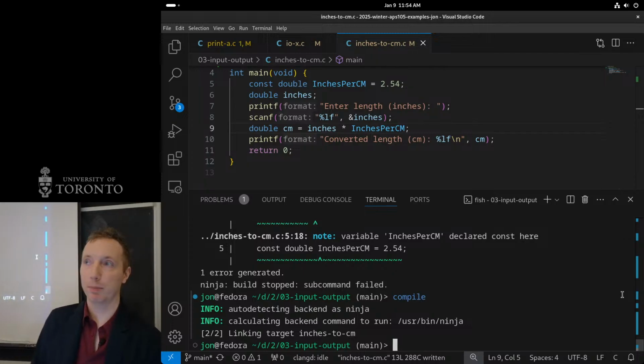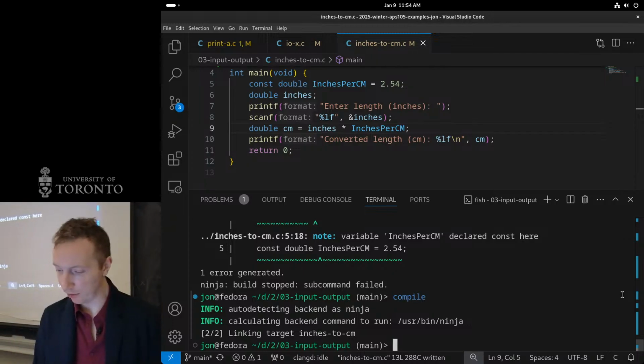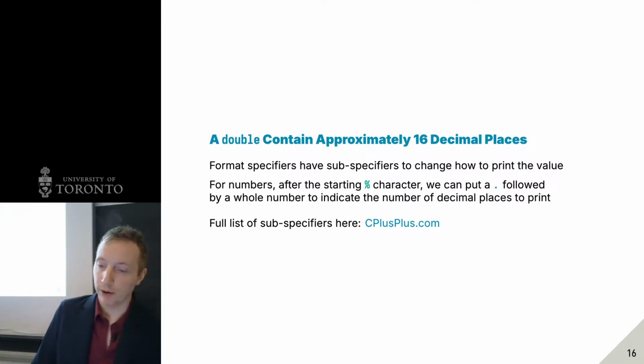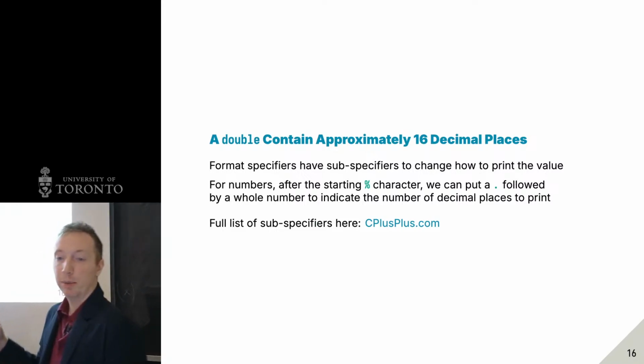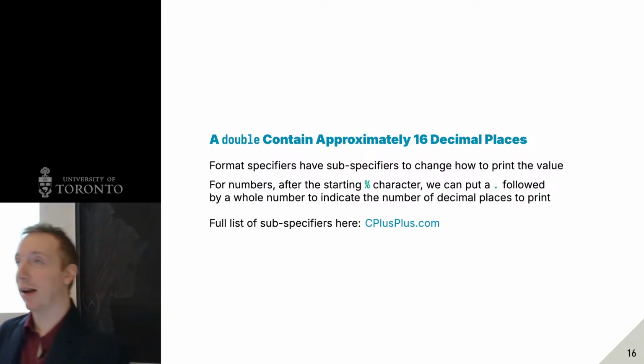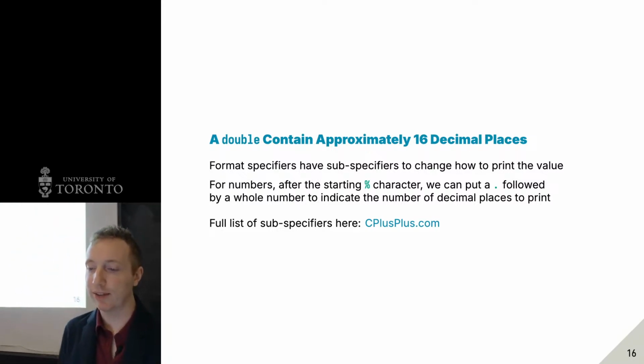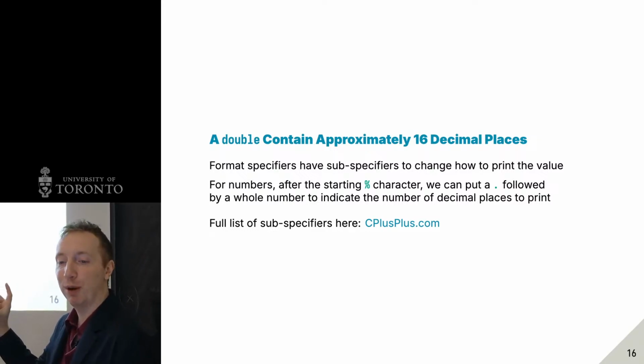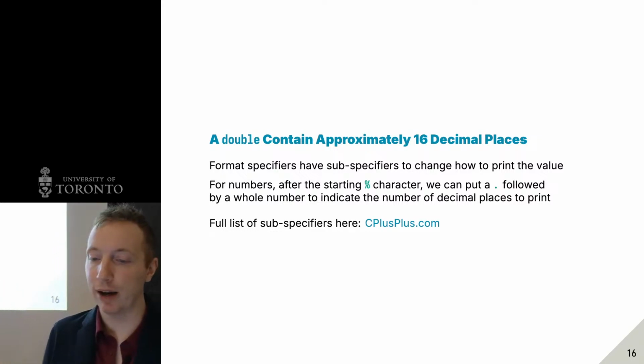Perfectly good program. All right, let's do some other quick fun things too that I will show you. So technically a double contains approximately 16 decimal places. The format specifiers have sub-specifiers to change how they print that value.